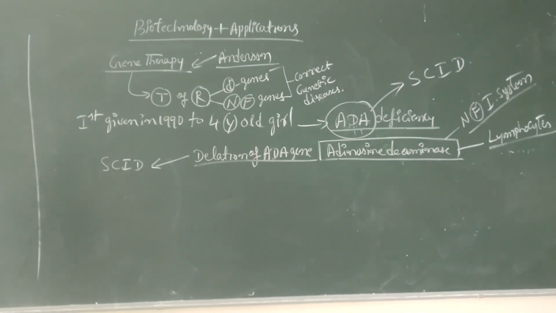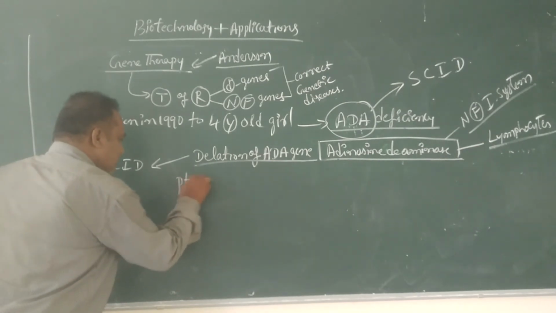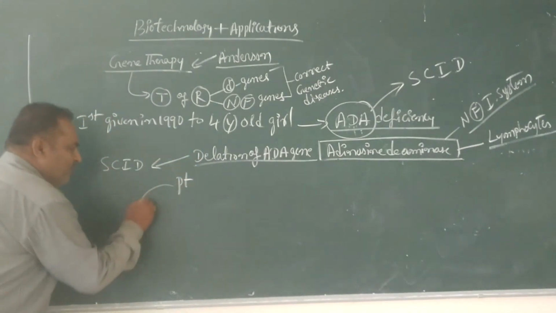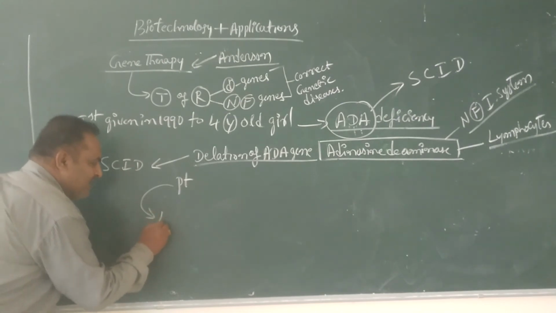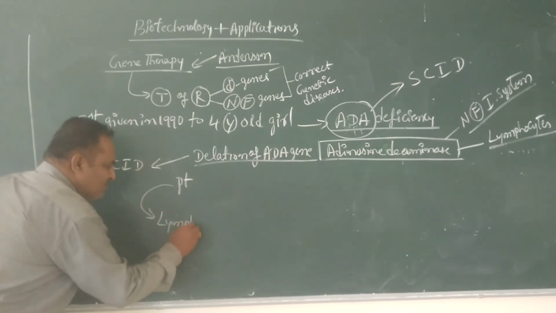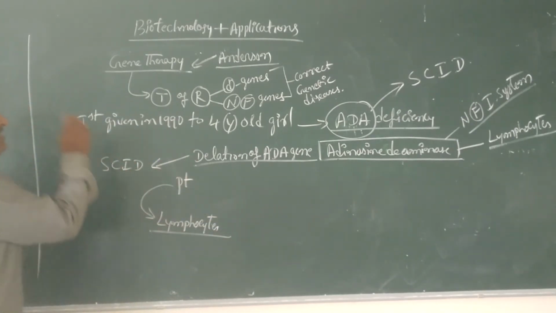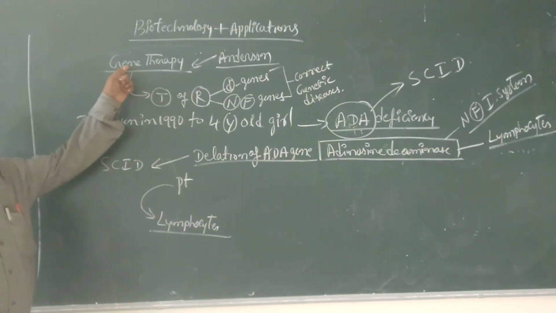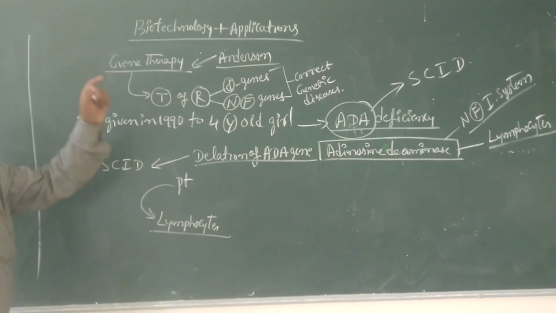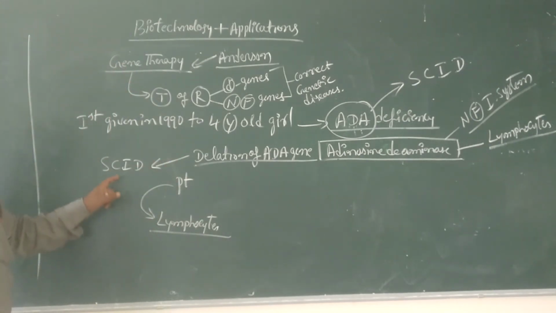For the treatment of ADA deficiency or SCID disease, lymphocytes are extracted from the patient.